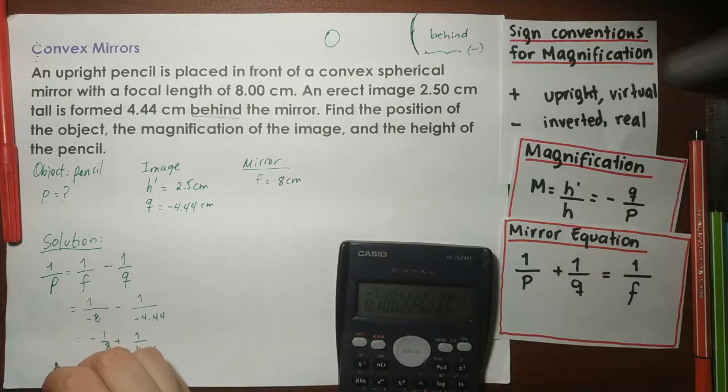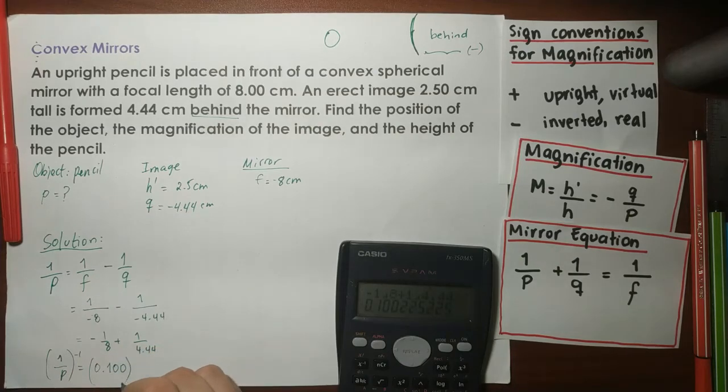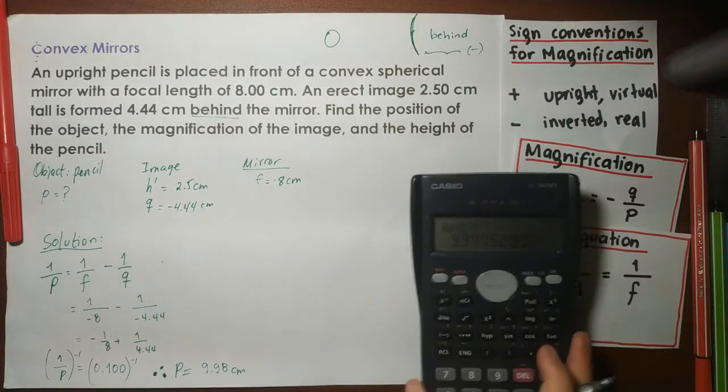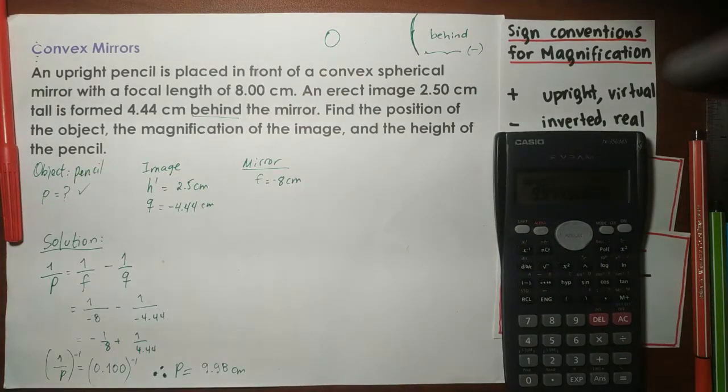So 1 over P equals 0.100. To know P, I will get the reciprocal. So P is going to be the reciprocal of the same answer. As you can see, it's 9.98. We were using centimeters, so it's going to be centimeters. Okay, you have found your P.